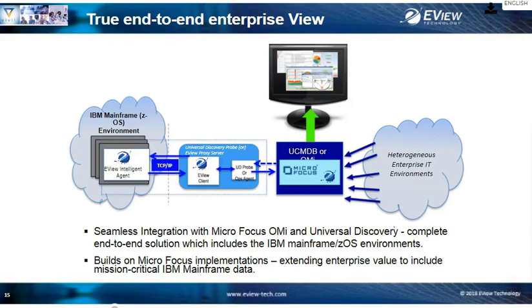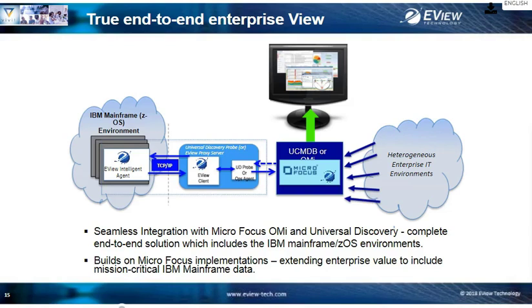But the architecture will give you an idea of how they do this integration and how it works with Universal Discovery. Essentially, in the mainframe environment, they installed an agent that eView technology provides for the mainframe. They also install on their Universal Discovery probes what is called an eView client.